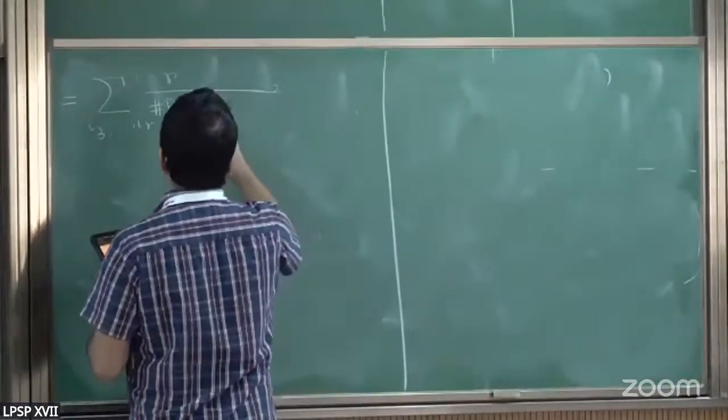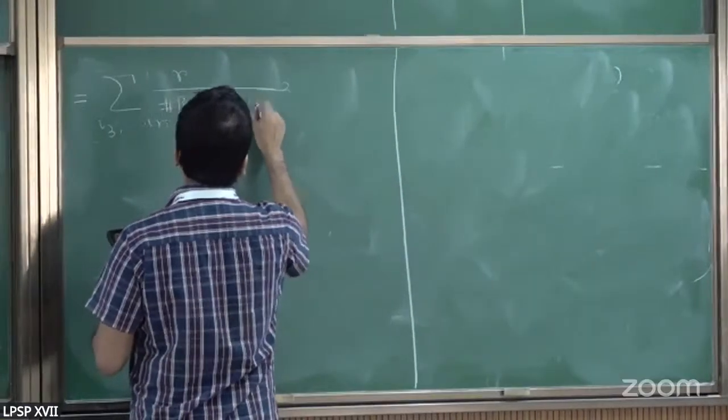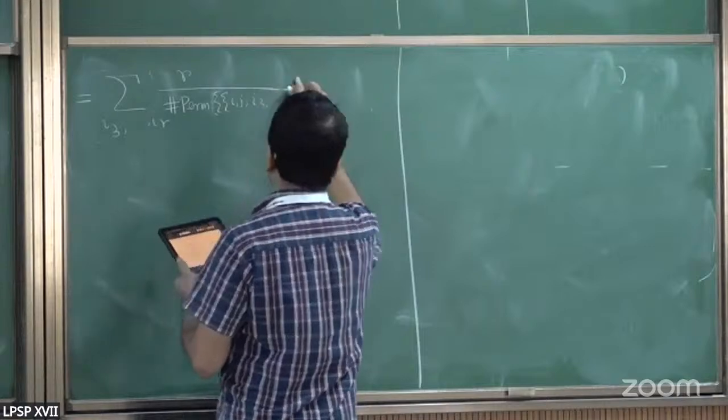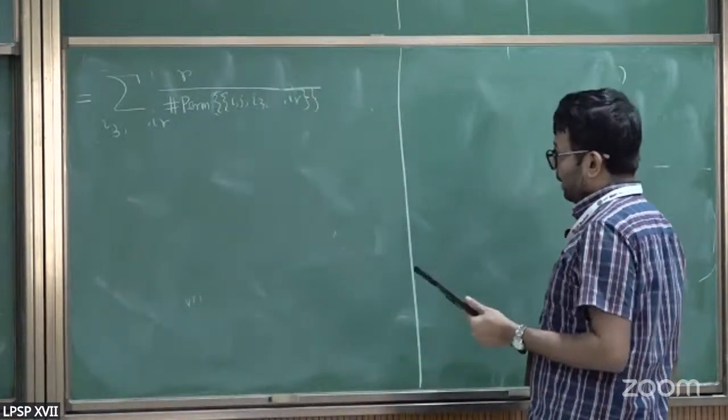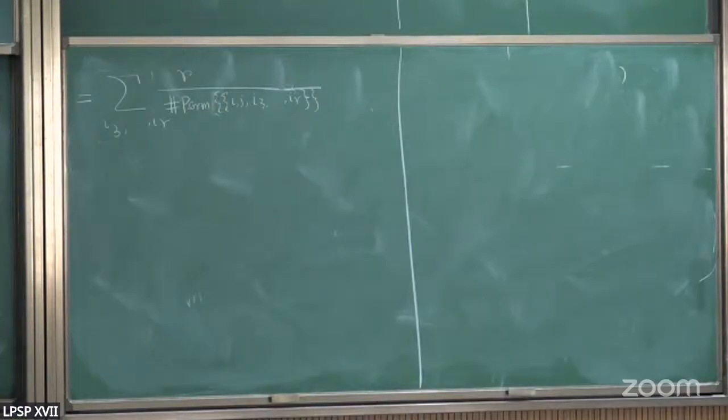It is the number of permutations of this multiset ij, I3 up to IR. And how many such multisets are there which are equivalent to this? You already have ij, so you have to permute the other entries.